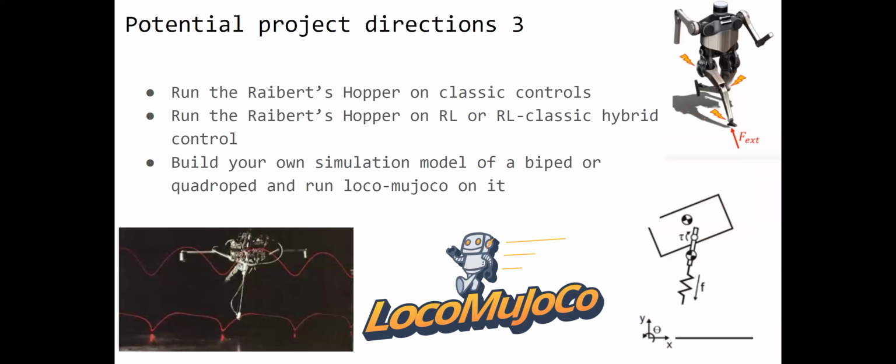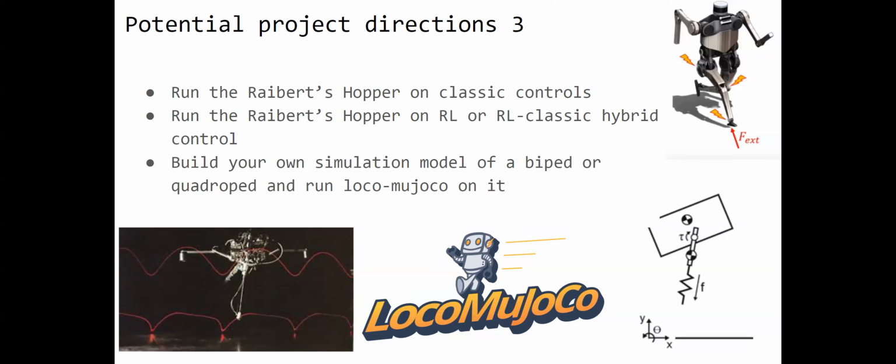What kind of work can you do with this? Firstly, is to run a rabbit hopper over classical control. Rabbit hopper, as I remember, is the simplest type of hopper which was made by MIT, and it's a pretty simple design. It's just a rotating link with a spring, which makes the robot jump like an inverted pendulum model.